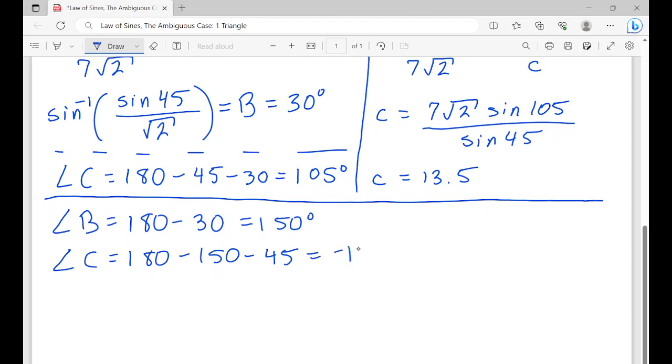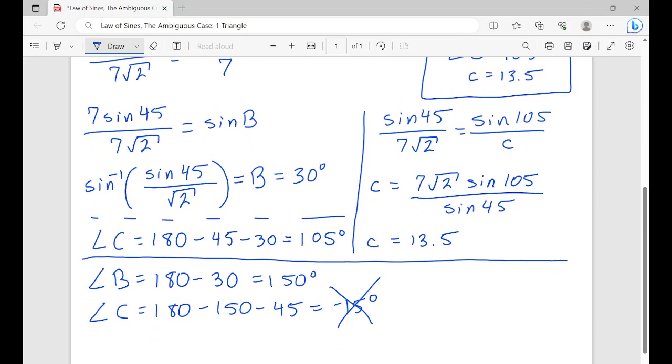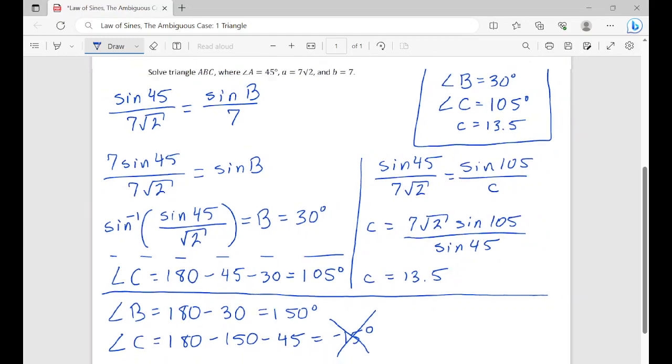I think it's going to be negative 15 degrees. Not going to work, not possible. You can't get a negative angle measurement within a triangle. That is just not going to happen. So that would be the second way you can prove that there is no second triangle for this question. Only the one we solved for.